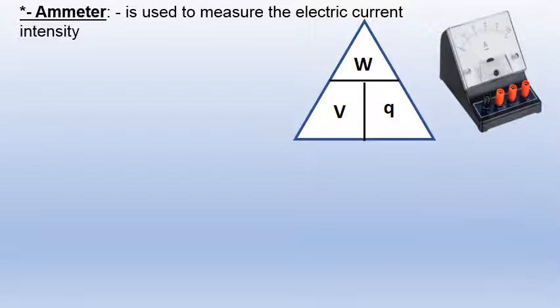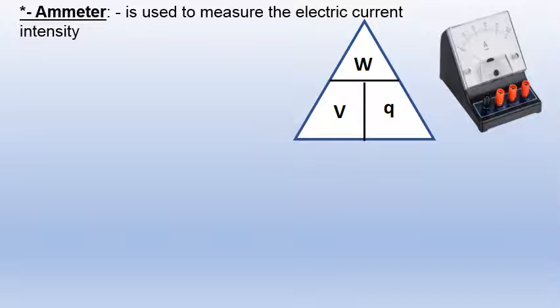How can I use the ammeter to measure the electric current intensity? I will connect the ammeter in the electric circuit. Pay attention, the ammeter has two poles, a red one and a black one. The red one is the positive pole and the black one is the negative pole.